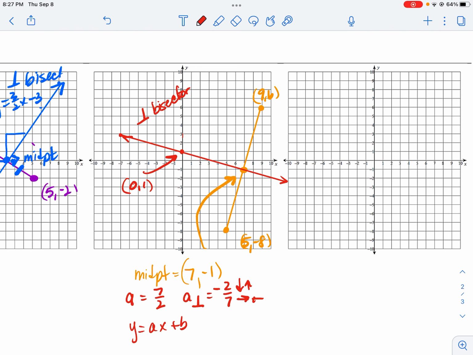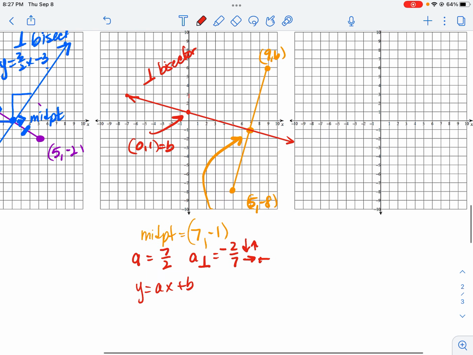So that's b. So then y equals negative 2 over 7x plus 1. That's my perpendicular bisector.